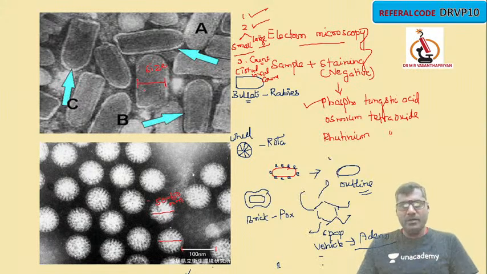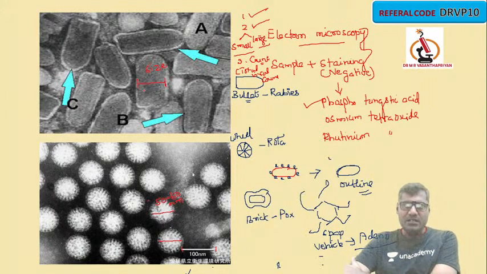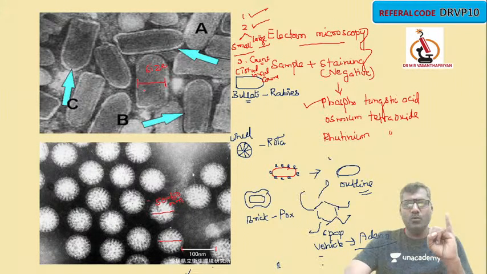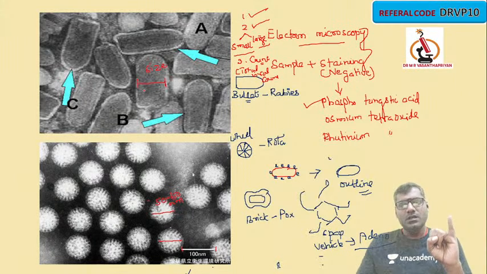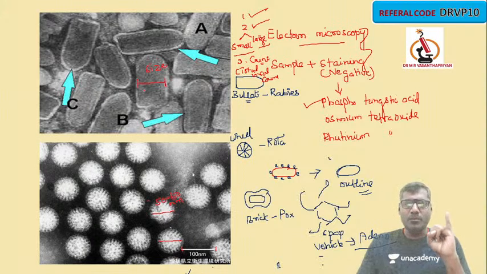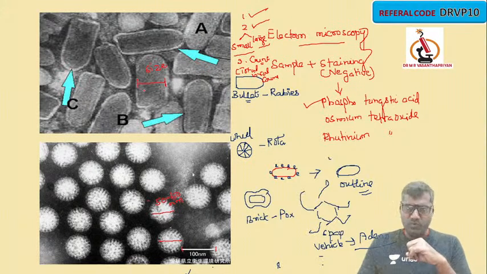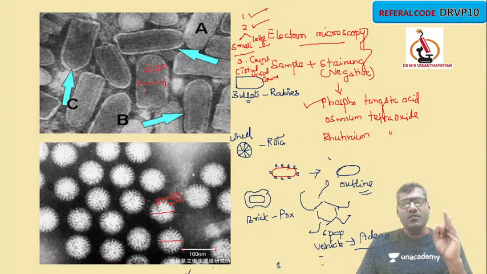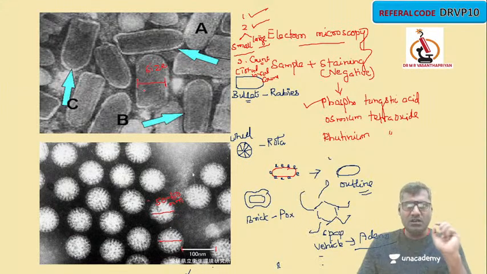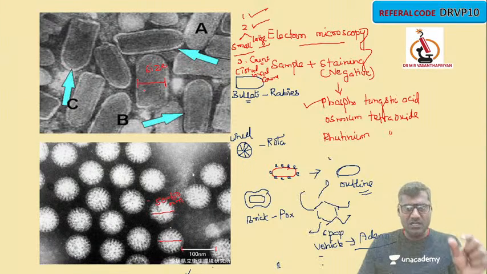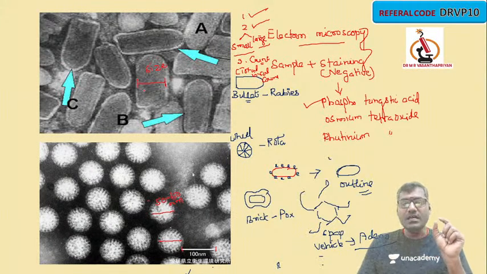So, points to remember: what are the advantages of electron microscopy? Number one, we can visualize the viruses depending on the morphology: bullet shaped, wheel, brick shaped and space vehicle like this. The second one, we can measure the size of the viruses to say whether it is smaller or larger. Number three, we make the counting, the total number of viruses is counted here.